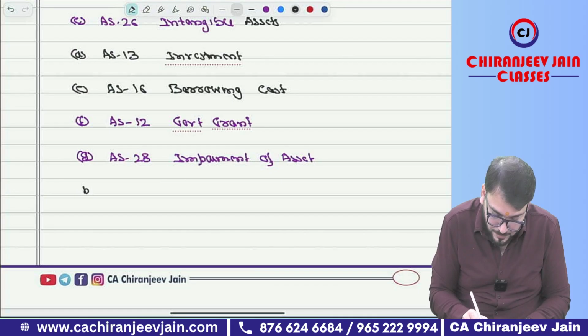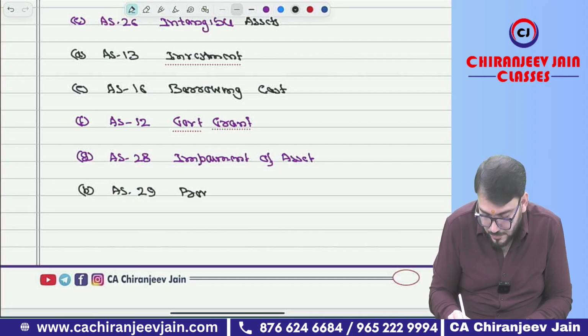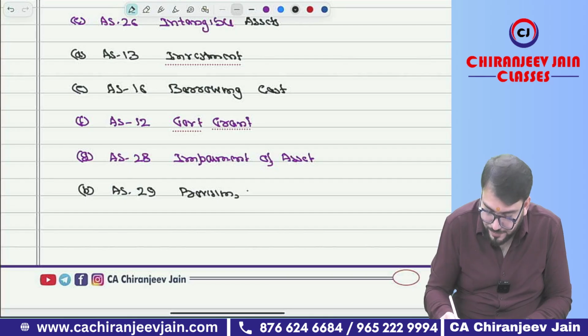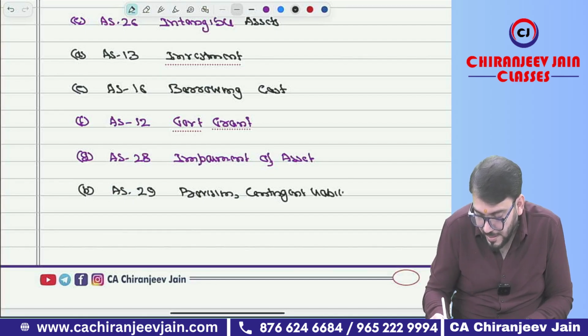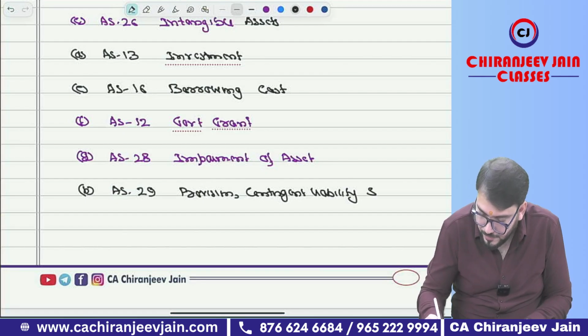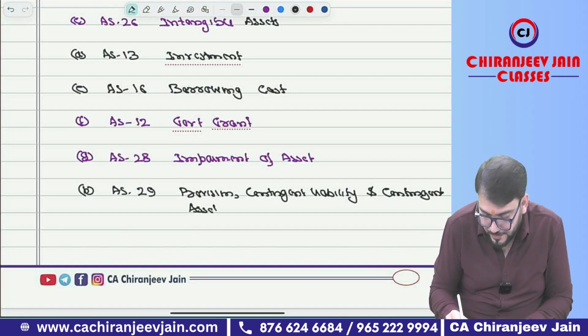Then we'll also discuss AS29, that is provisions, contingent liabilities and contingent assets.